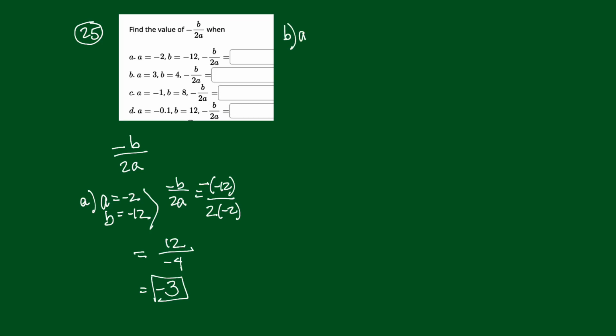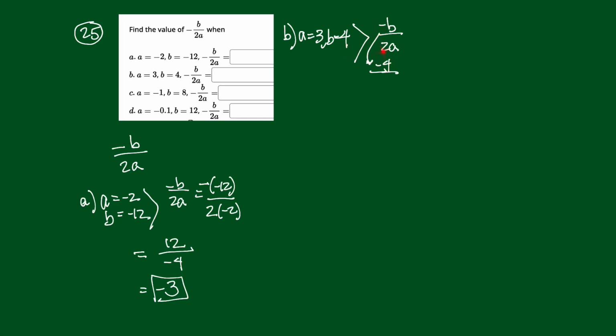We've got a is 3, b is 4. So what do we get here for -b over 2a? Well, -b, so we'll get negative. There's that negative sign. Now, what is b? b is 4. Didn't write it too well. Here's the negative sign, and then b is 4, so I just put the 4 in there.